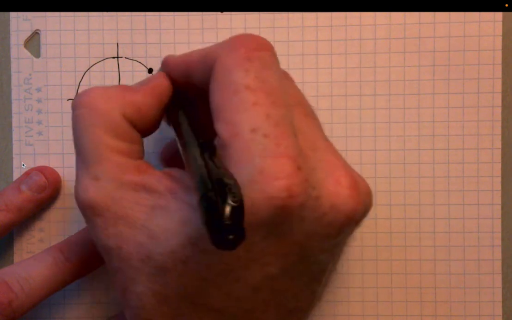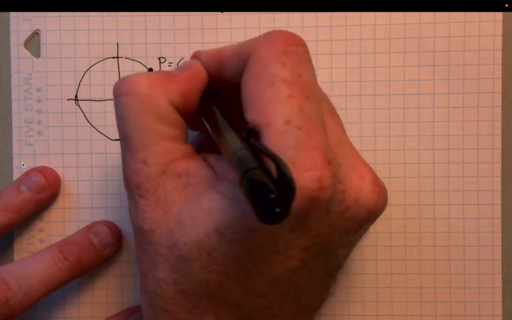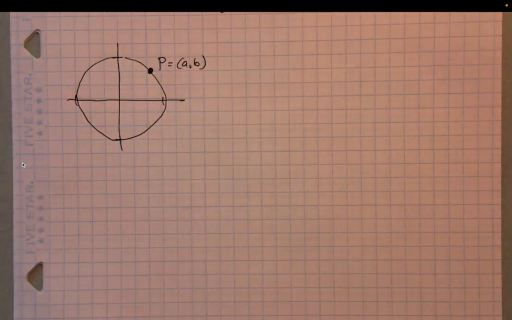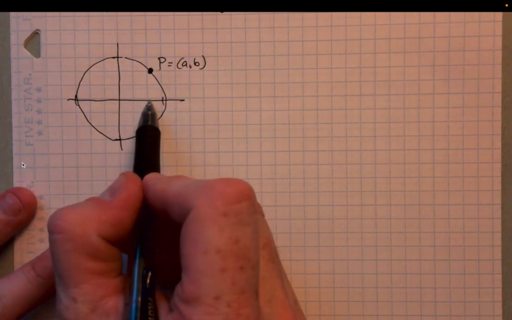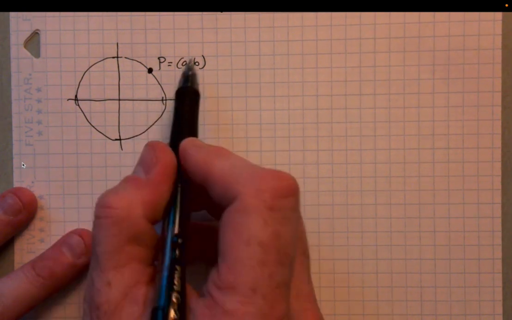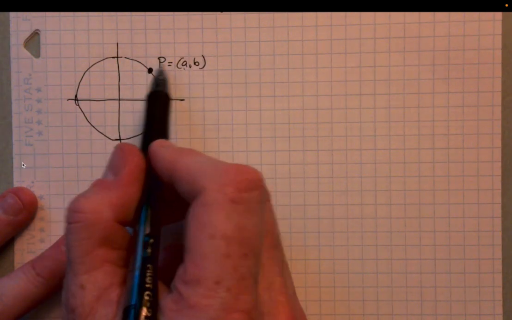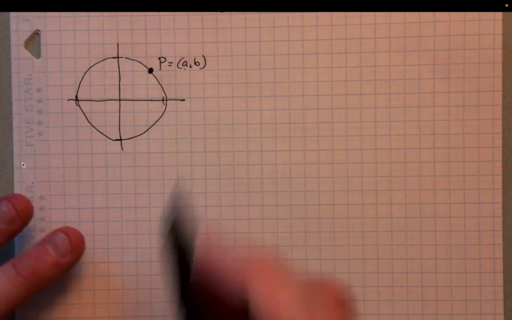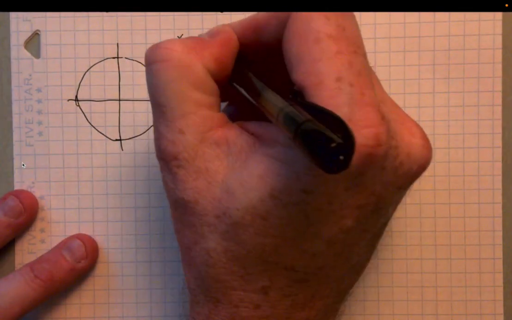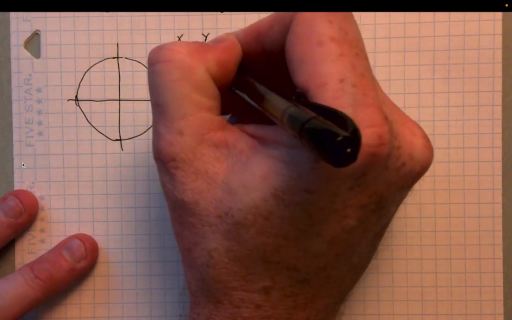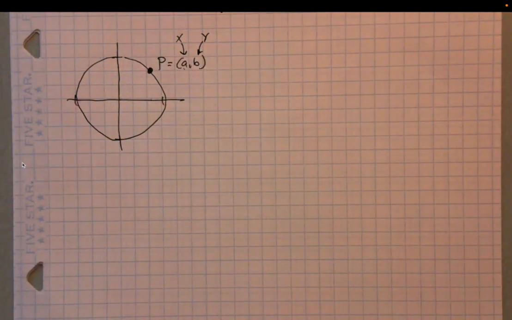I'm going to put it here for convenience. We'll call it P, and we'll let the coordinates of the point be A, comma B. So A, remember, is the horizontal distance. It's the x-axis distance. It's the x-coordinate. And then B is the vertical distance. So this is just the coordinates of this point. Okay, so you can think of this as the x-coordinate here and the y-coordinate there. Right. So that's all that is.